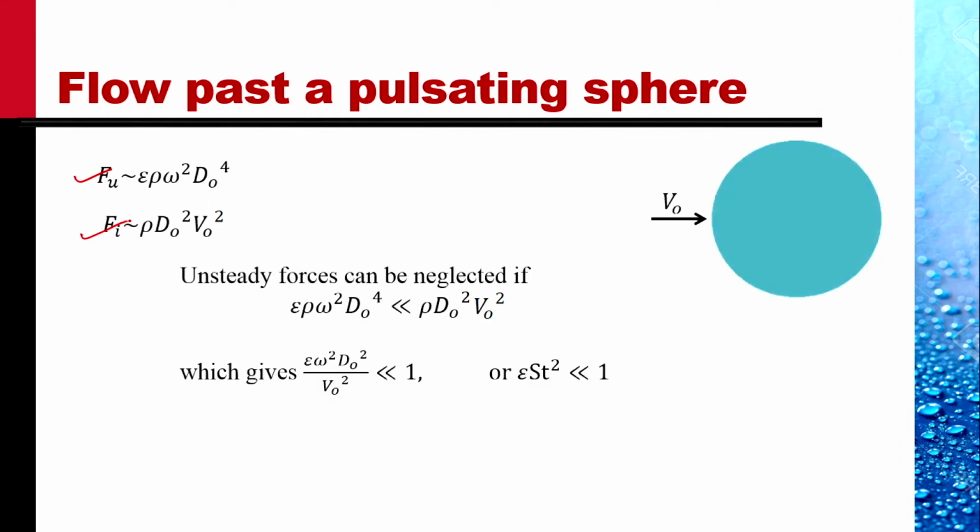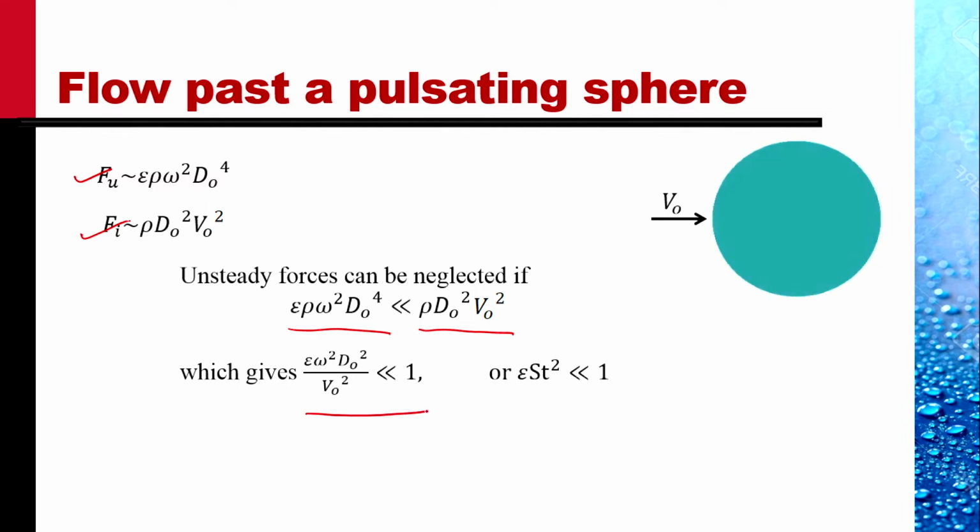So the unsteady force can be neglected if epsilon rho omega square d naught raised to power 4 is much less than rho d naught square V naught square, which gives epsilon omega square d naught square by V naught square is much less than 1.